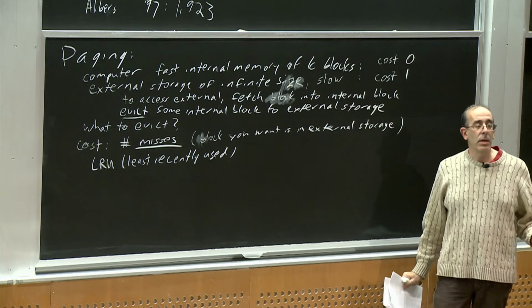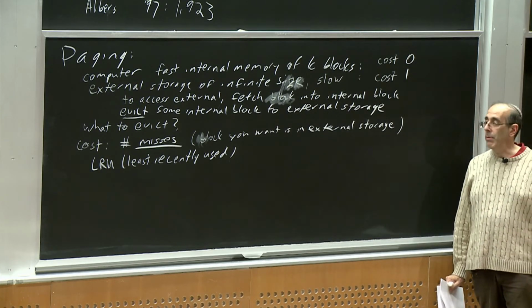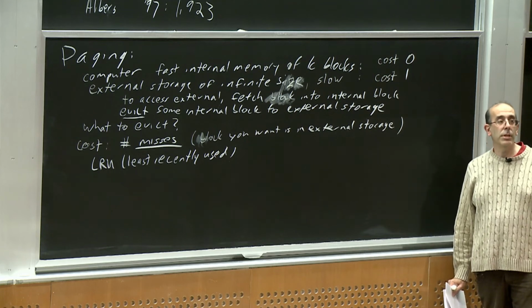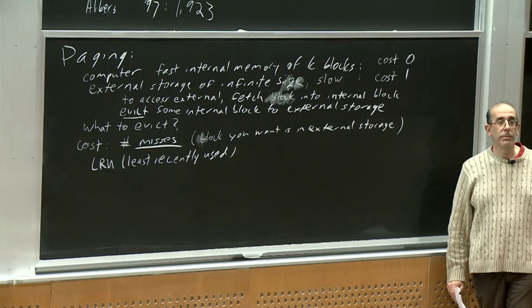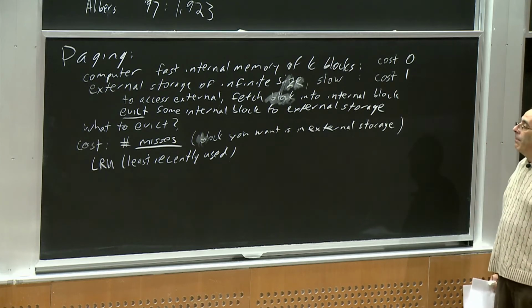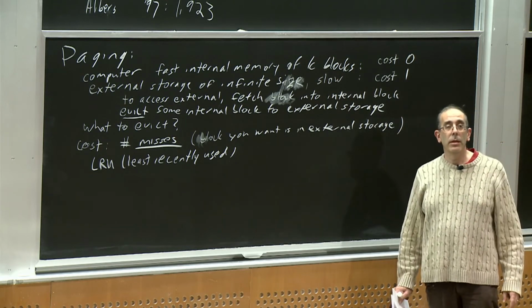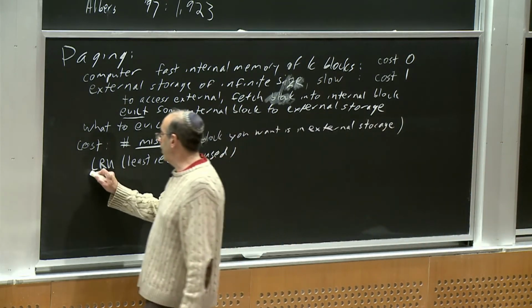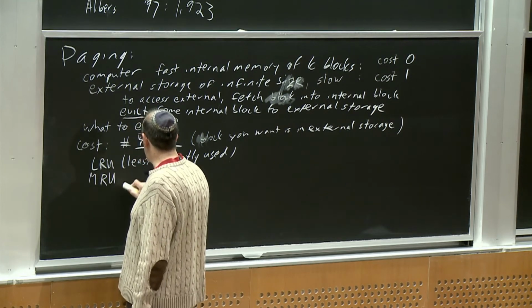Every time you have a miss, you evict the internal block, the in-memory block, that was the least recently used of all of the internal memory blocks. Okay. What are some other strategies that you might consider? Yeah? Most recently used, right? What would be the intuitions behind these?